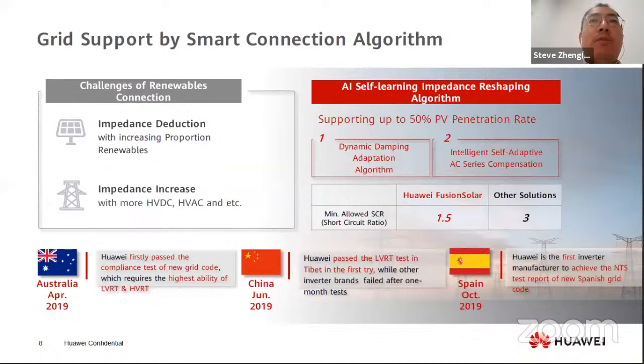This is where we are going. We want our inverter to be more friendly to the grid and leave more space to connect to the grid. Okay, going to the next slide.